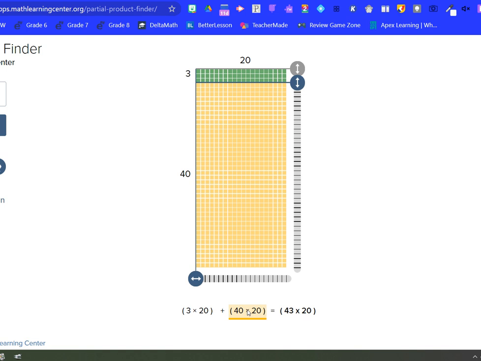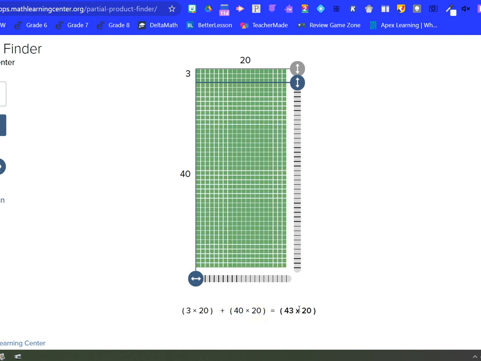Absolutely, we can just write down those two zeros and do 4 times 2 is 8. So that would be 800. And then when we have the whole thing, we then would know that it is 860. And as we look, you can see that. Let's go to the next problem.